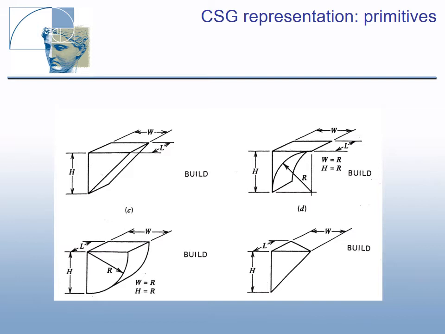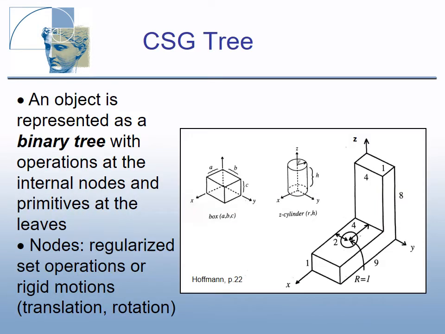A CSG object is represented in a modeling system by a special data structure called a CSG tree, including primitives, linear operations, translational rotation, and regularized set operations.